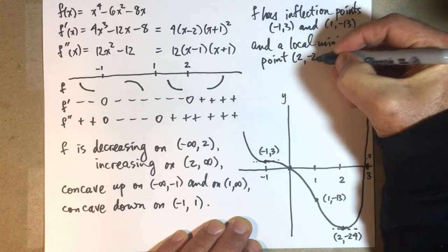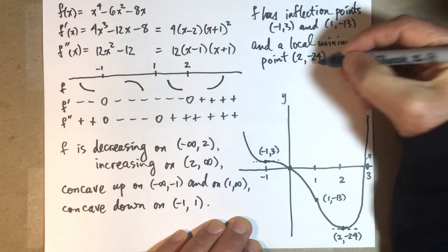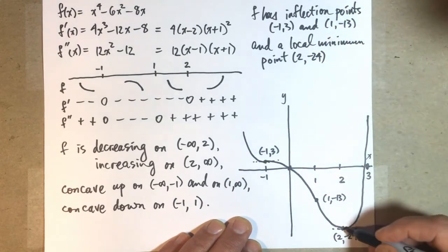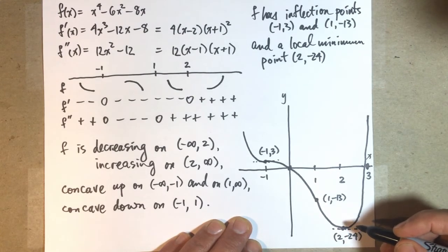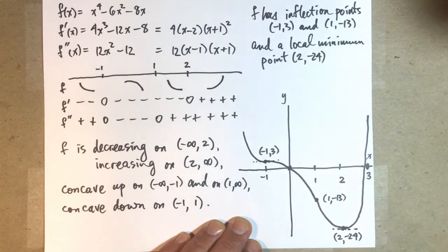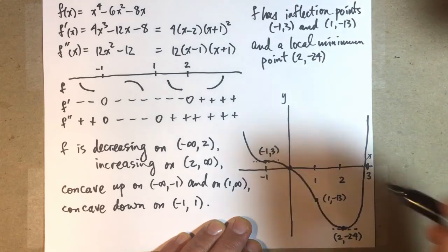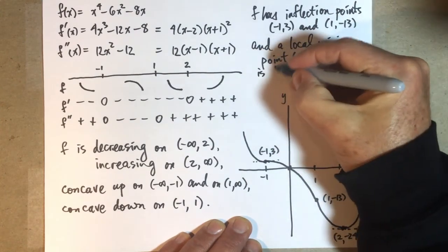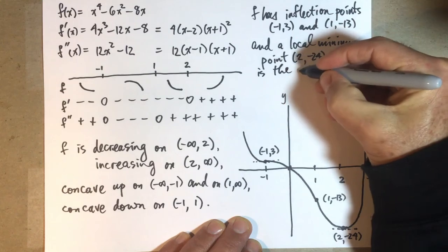Local minimum point at 2, and the value there is minus 24. Now, this is also a global minimum. I know I didn't list this as one of the things you had to answer, but we might as well point it out here. It's the absolute minimum.